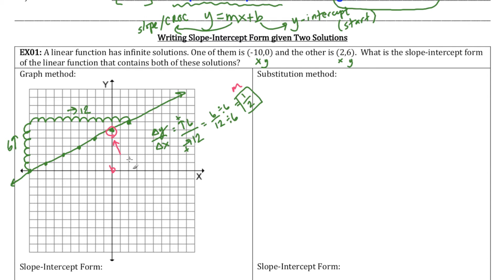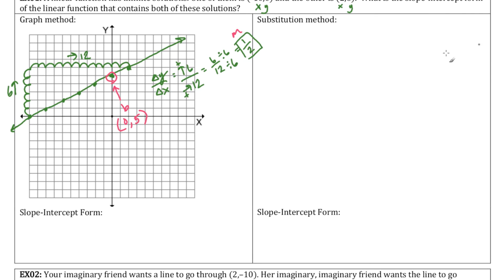That is our y-intercept. So my y-intercept is 0, 1, 2, 3, 4, 5. 0, 5. So slope-intercept form, y equals 1/2 x. That's a positive 5, so plus 5.